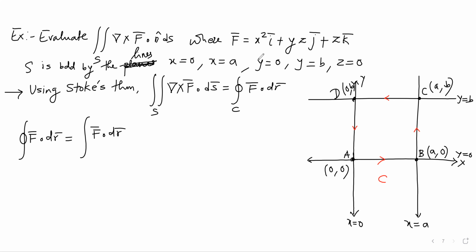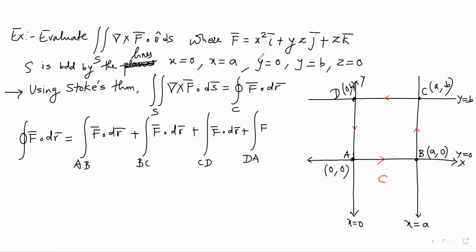We have to follow the orientation, no? So A to B, then we have to go from B to C, then C to D, then D to A, right?